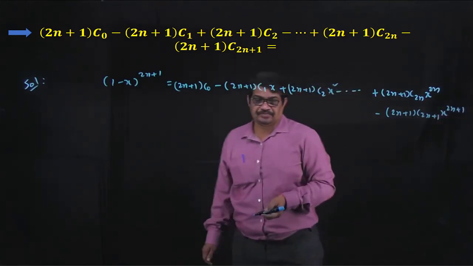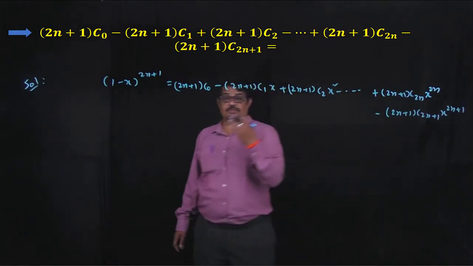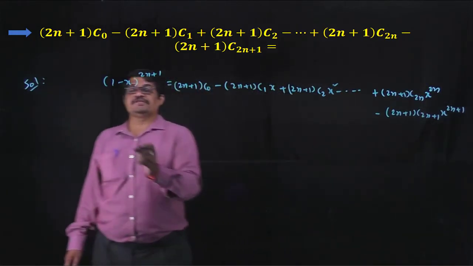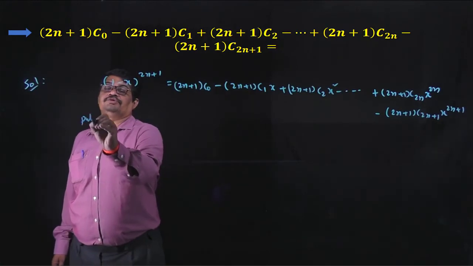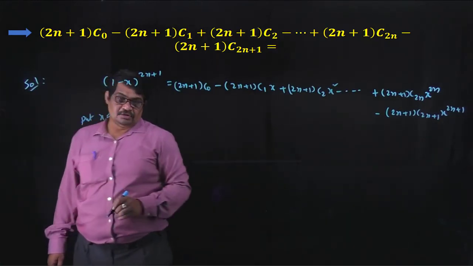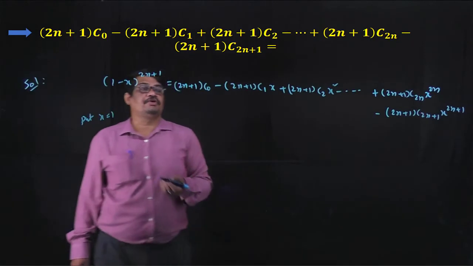So this is the expansion of (1 − x)^(2n+1). In this expansion we have to substitute x = 1.